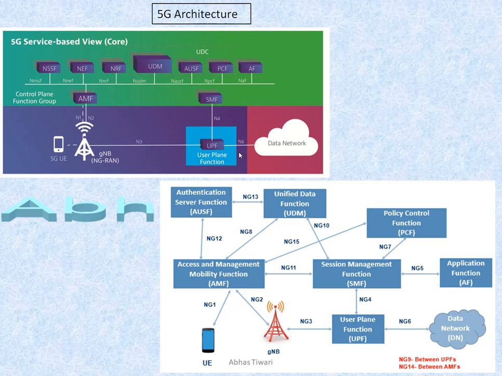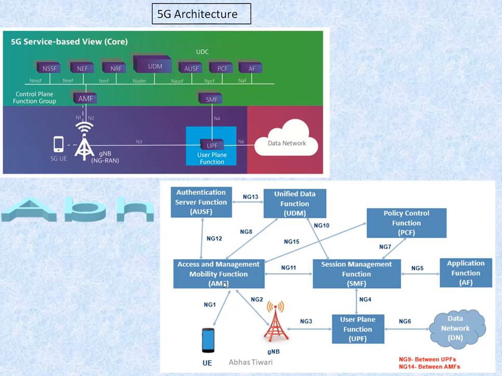As you can see, there are two connections to AMF, that is NG1 from UE to AMF and NG2 from gNodeB to AMF. Here the UE can directly communicate with your AMF.